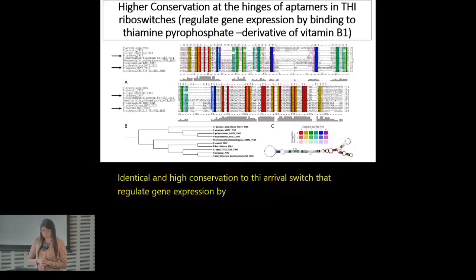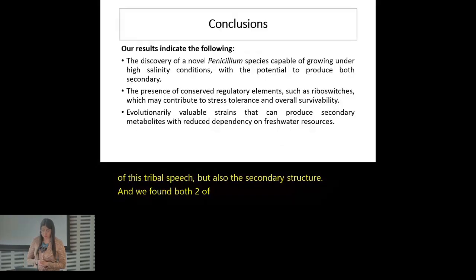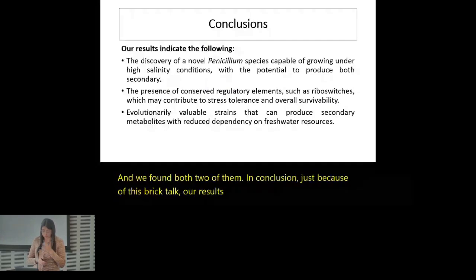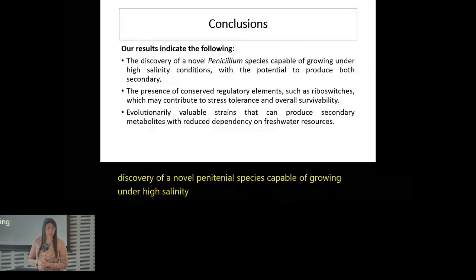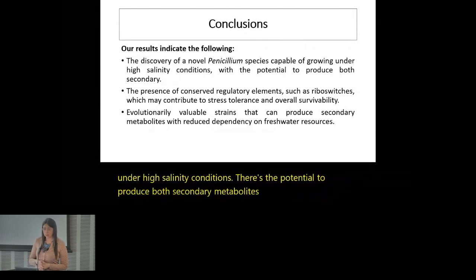In conclusion, because of this brief talk, our results indicate the following. The discovery of a novel Penicillium species capable of growing under high salinity conditions, with the potential to produce both secondary metabolites and novel enzyme activation. The presence of conserved regulatory elements such as riboswitches, which may contribute to stress tolerance and overall survival.